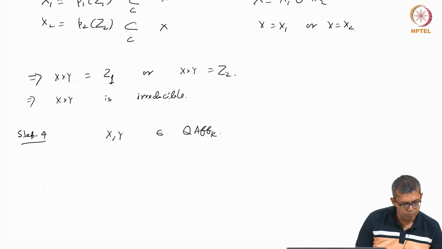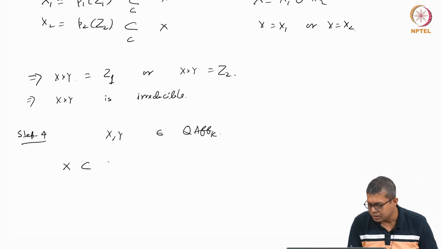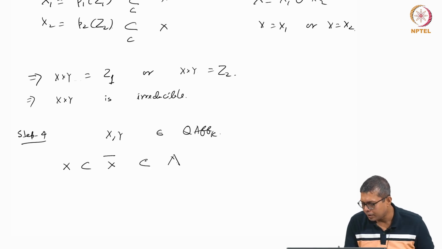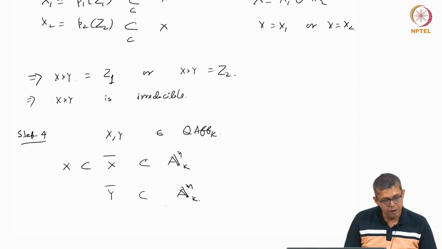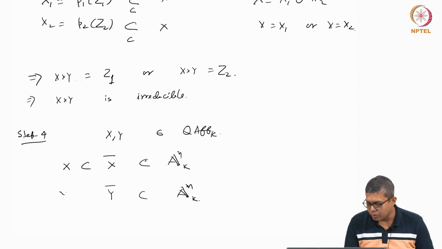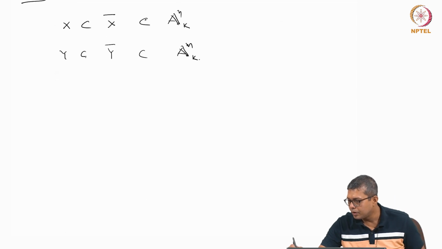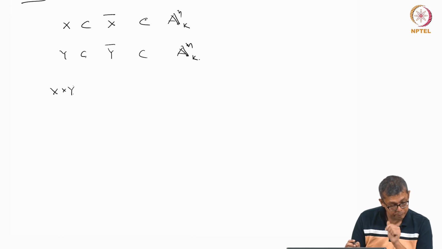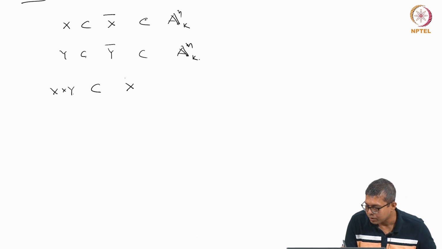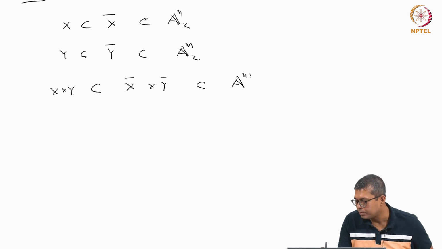So now you consider X inside X bar, which is in affine space, and in Y bar you have Y. Now X cross Y, if you take it in X bar cross Y bar, this will be in A^(n+m).